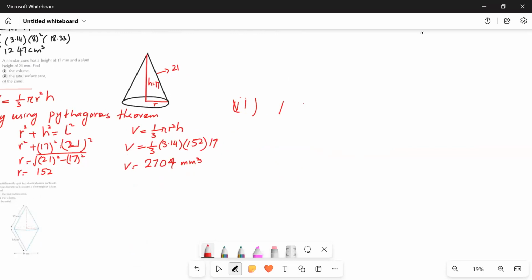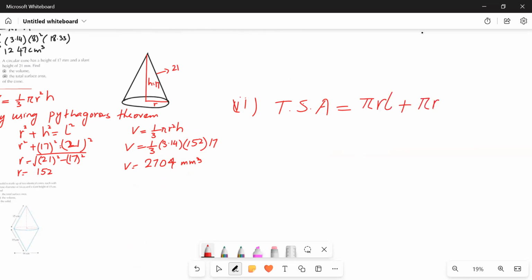So what is the total surface area formula? Pi r L plus pi r square.